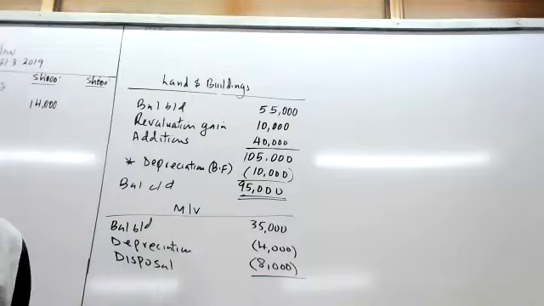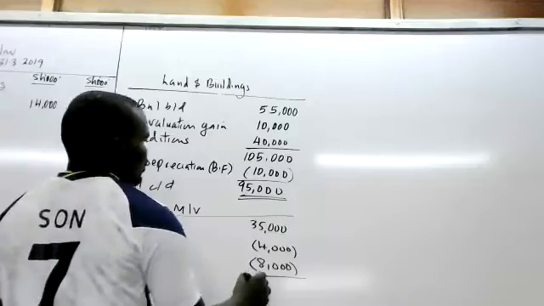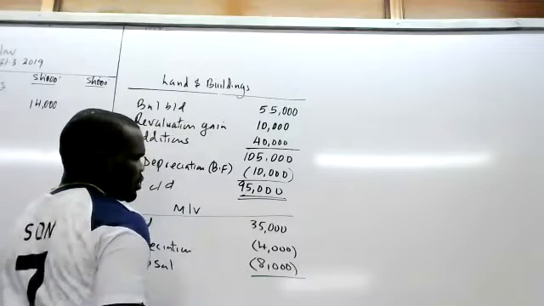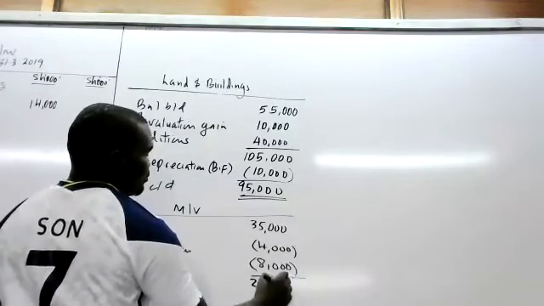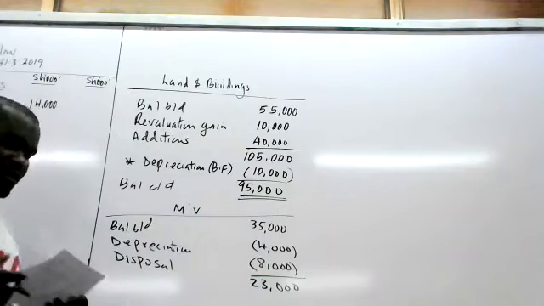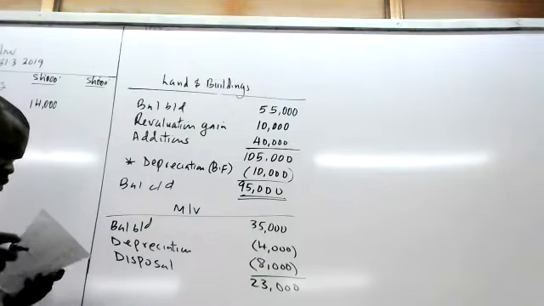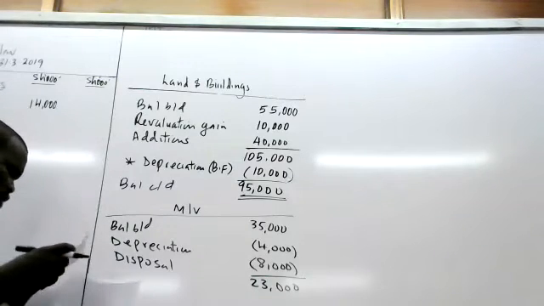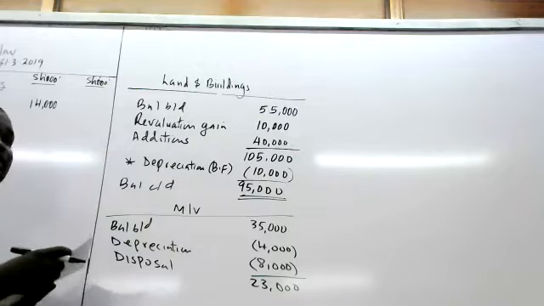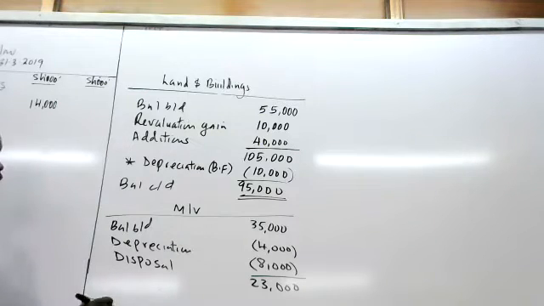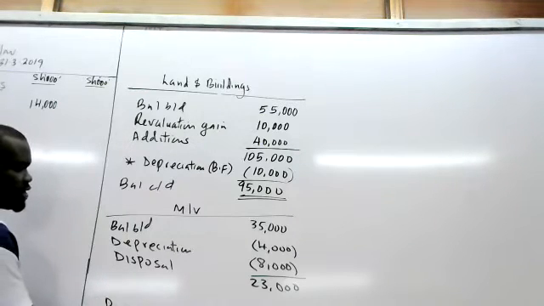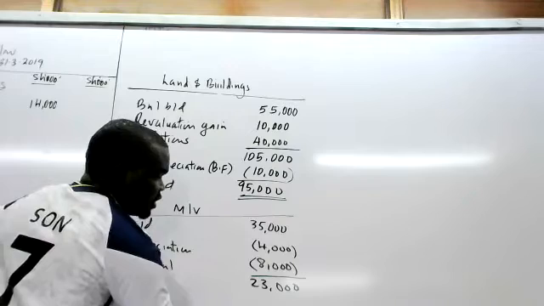It should be 22, 23. So it should be 23. But the examiner is saying the value is how much? 46. So balance carried down according to examiner is 46.